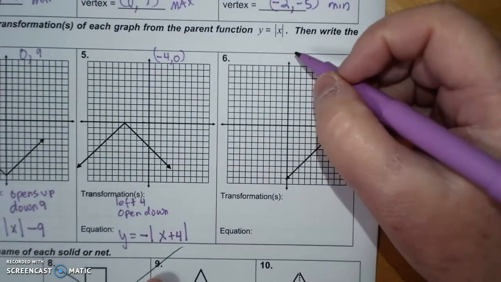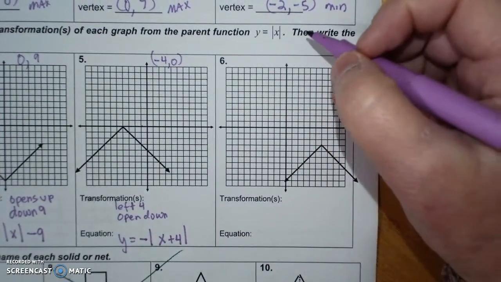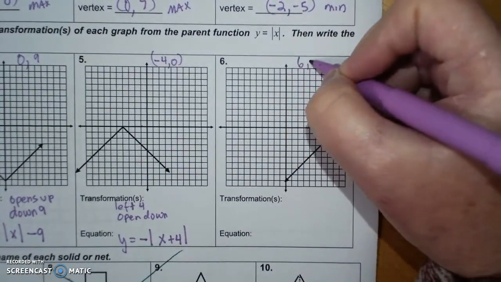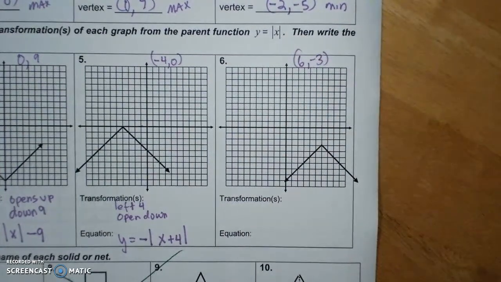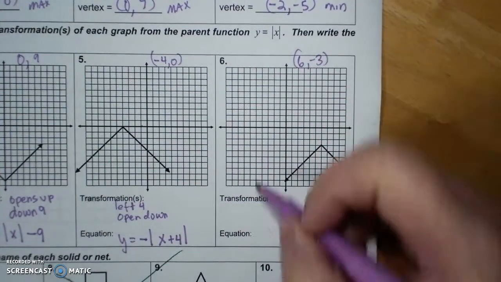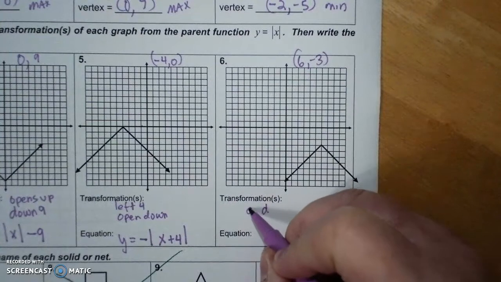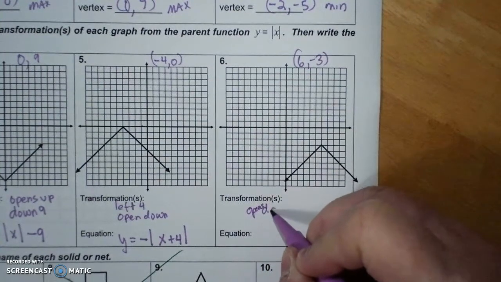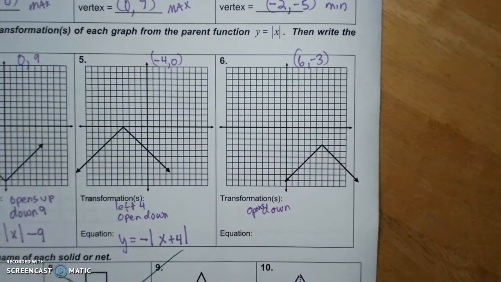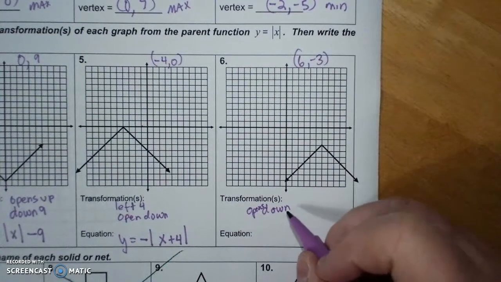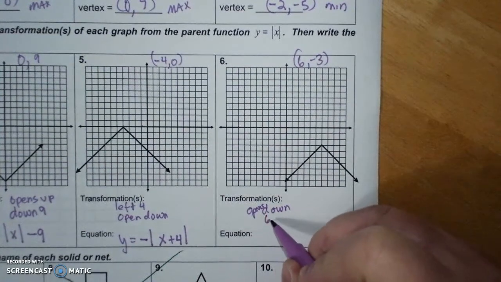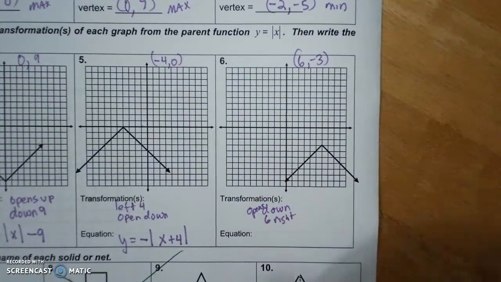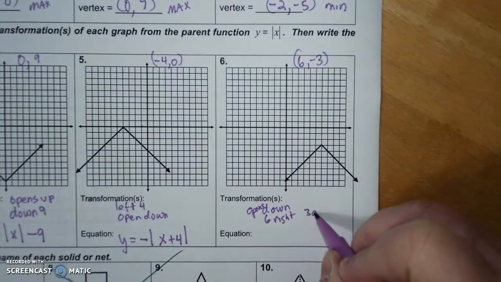Here the vertex is at 6, -3. It opens down. 6 right, 3 down.